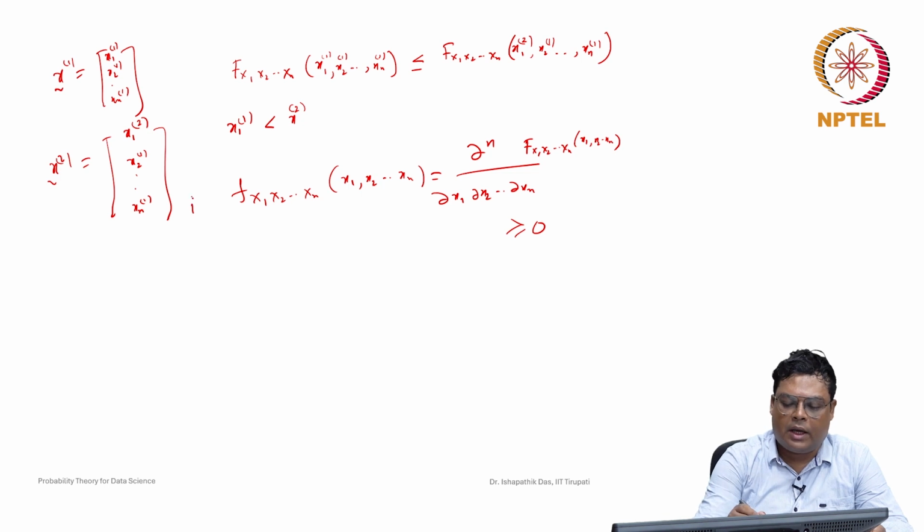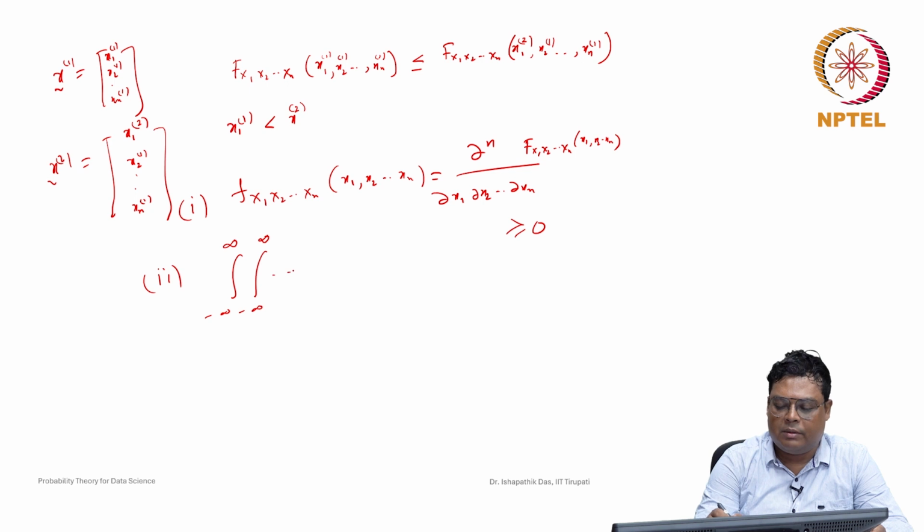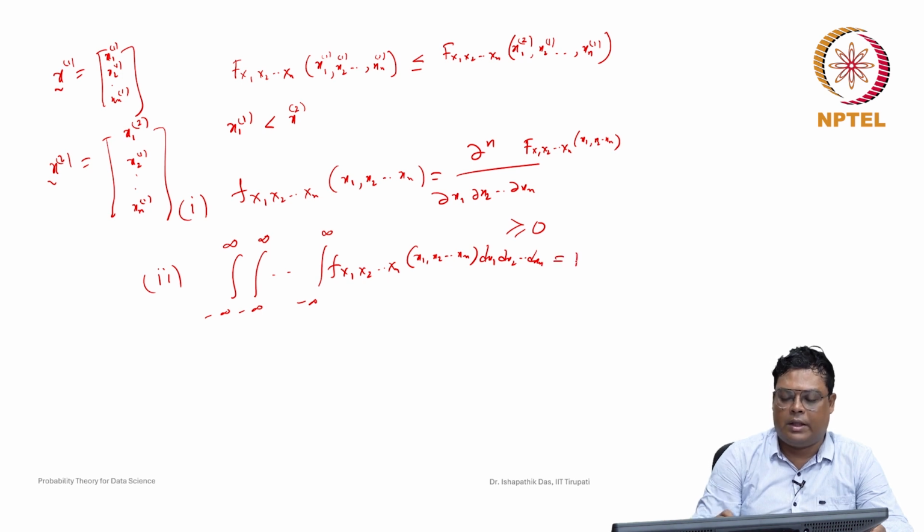This is one property. Another property, as in the bivariate case we discussed: if you take the integration over the whole Rn, from minus infinity to plus infinity, of the probability density function, it is the probability of the certain event. So the integral of f of x1, x2, ..., xn dx1 dx2 ... dxn should be equal to 1. These are some of the properties, and there are many other properties like in R2.